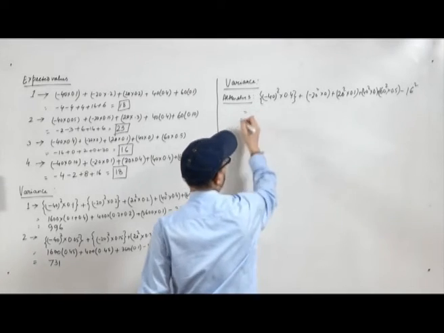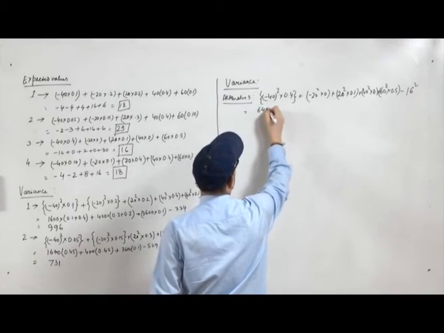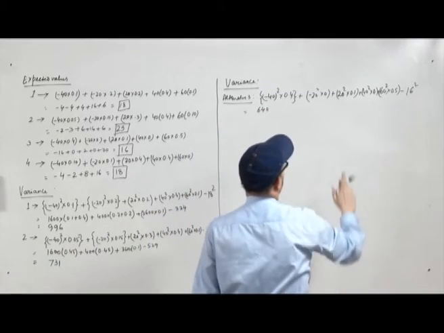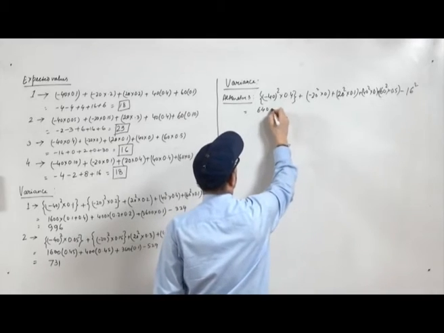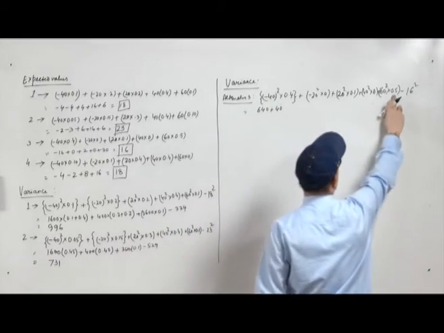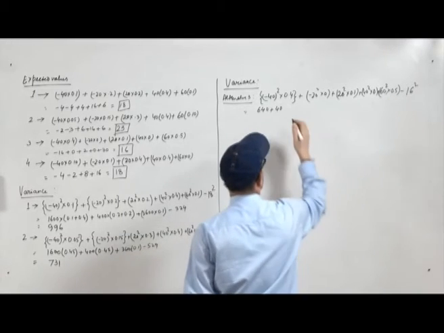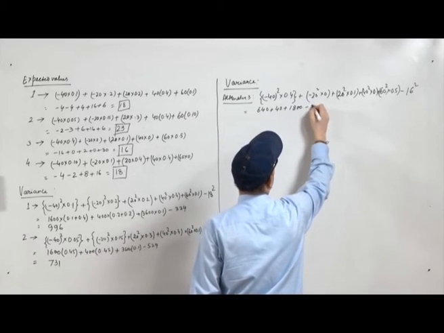So, it will be 1600 into 0.4, that is 640, plus 400 multiplied by 0.1, so 40, plus 60 square into 0.5, so that is 1800, minus 256.